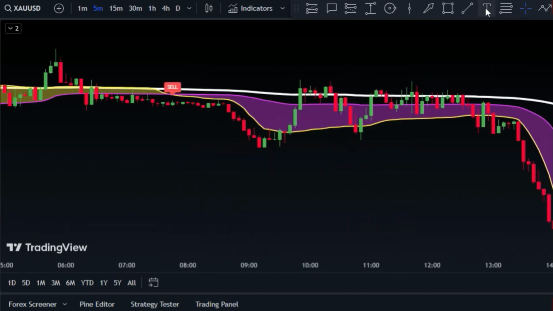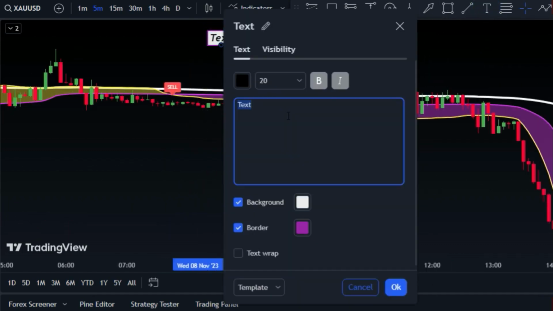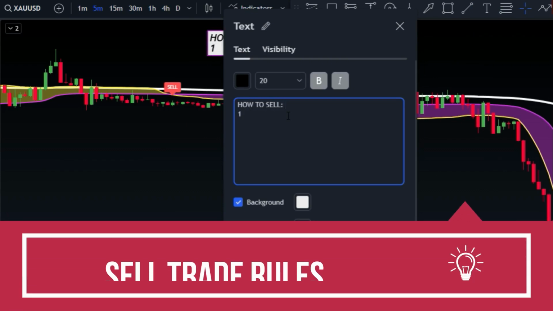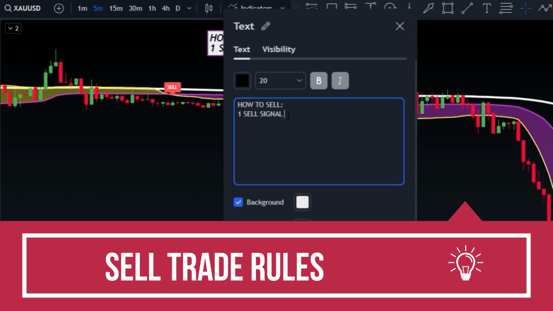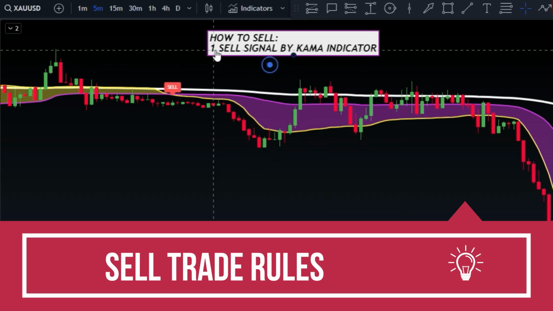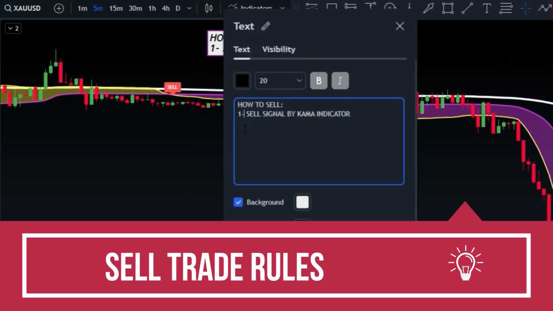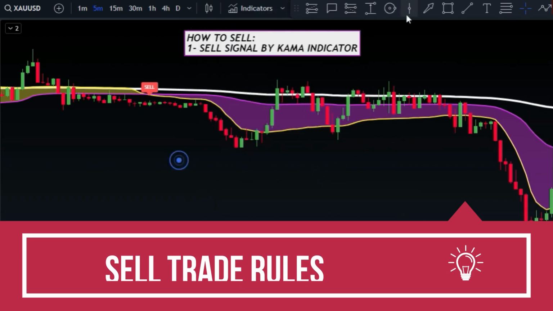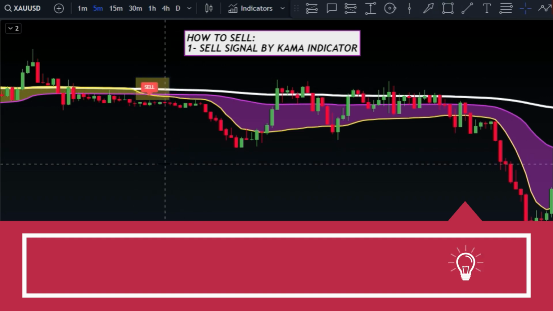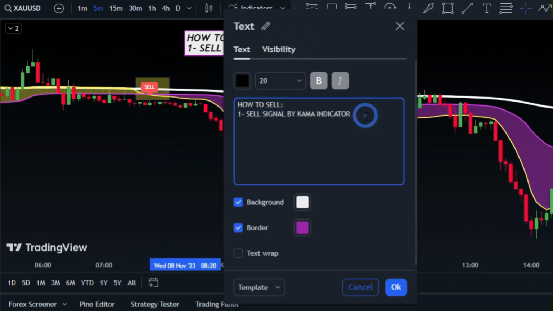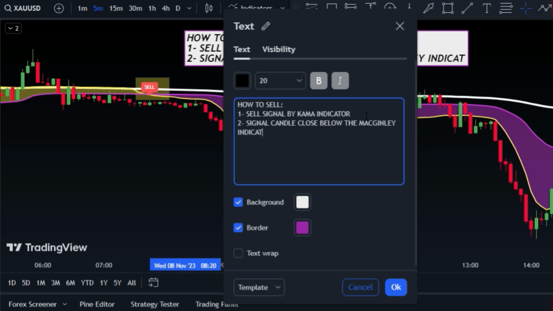And for a sell trade entry, we keep an eye out for a sell signal from the comma indicator. When a sell signal emerges on the chart, we scrutinize it with the McGinley indicator to confirm that the selling power is in the ascendancy.